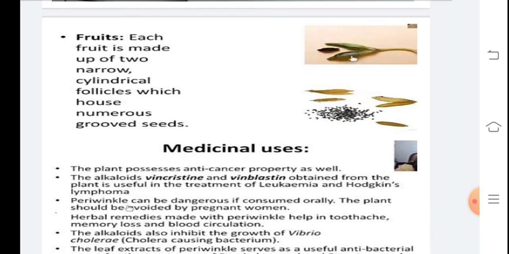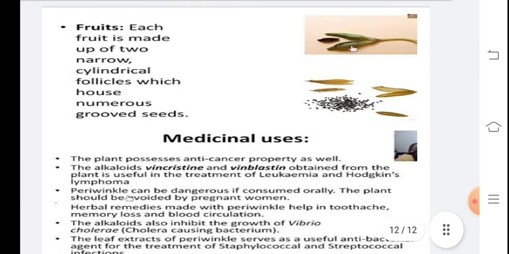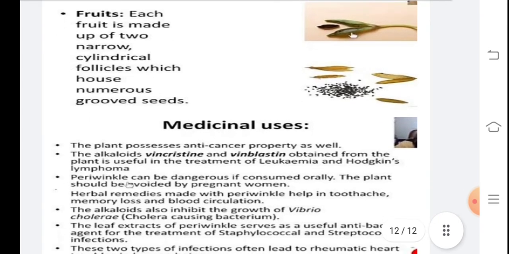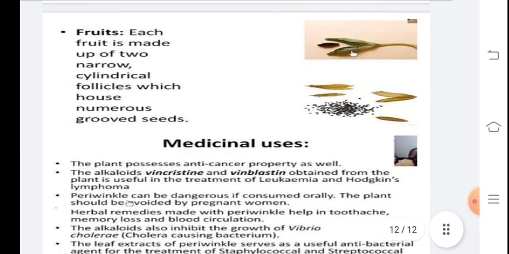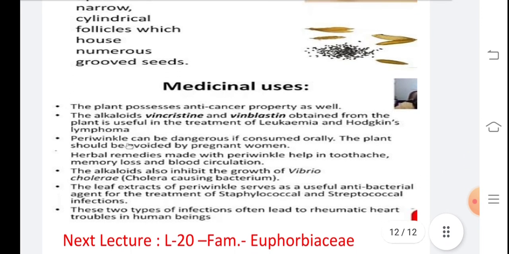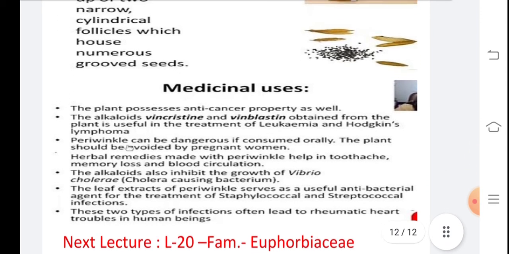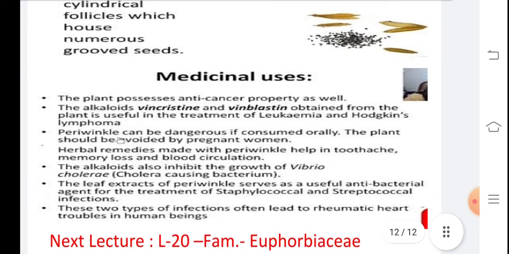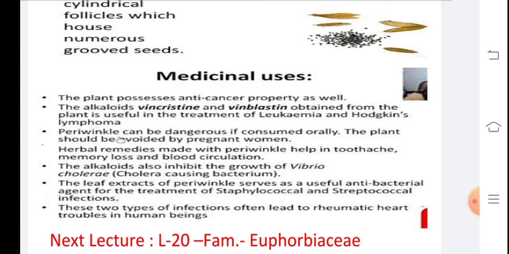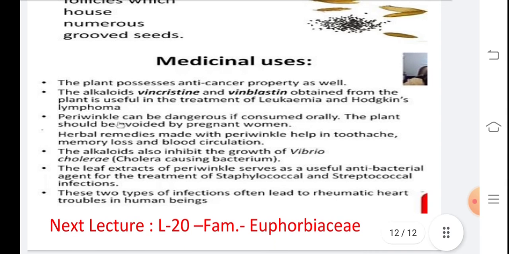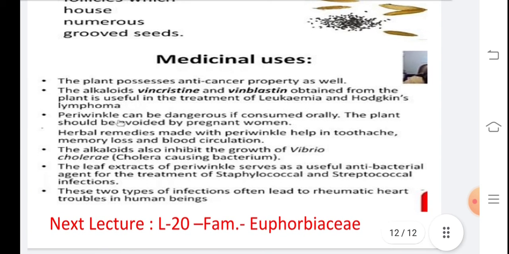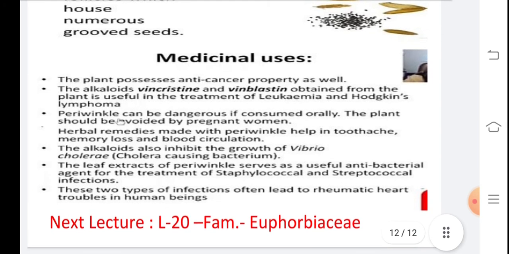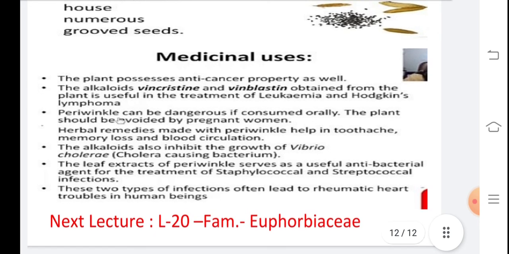Many other examples are there. These are the fruits of different plants. For Vinca rosea, alkaloids vincristine, vinblastine are obtained from the seeds and used. Then others are also consumed for memory loss, and it increases blood circulation, but every excess is a poison.